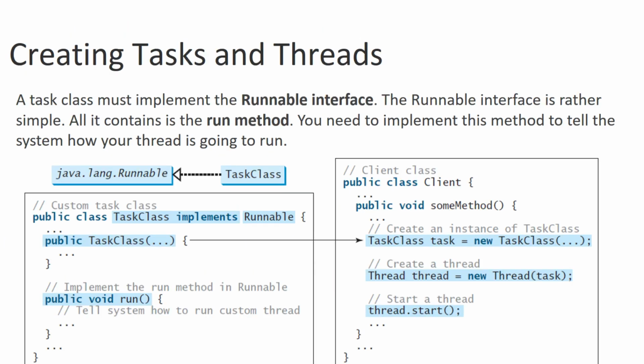Okay, so coming to a little bit of practical implementation of these things in Java, because we have to simulate and understand this in a practical sense. A task is created using the Runnable interface. If you look at this example code here, a task class must implement the Runnable interface.